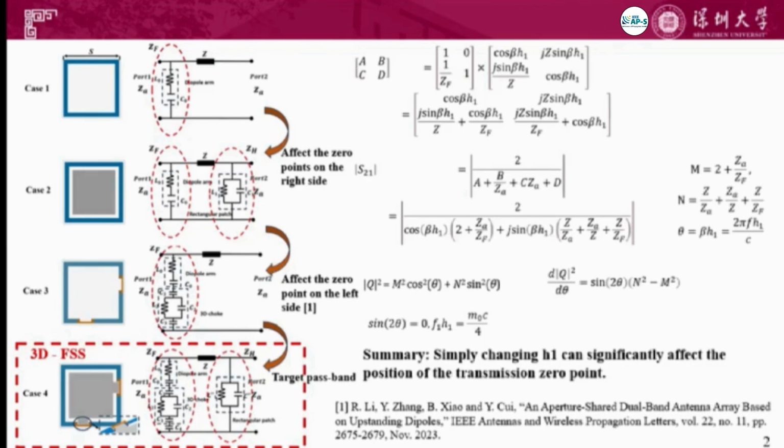Theoretical derivation confirms that in both Case 1 and Case 3, simply increasing the transmission electrical length shifts the resonant zero to the left. The 3D choke achieves this by adding shorting posts on the dipole arms. This design precisely realizes electromagnetic transparency in the target band without expanding the antenna area, as shown in the following experiment.